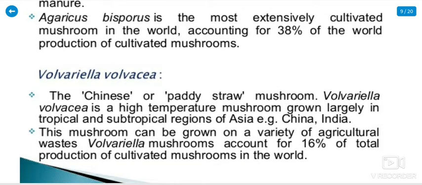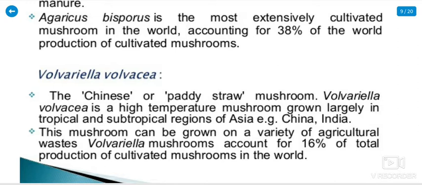Volvariella volvacea, the Chinese or paddy straw mushroom. Volvariella volvacea is a high temperature mushroom grown largely in tropical and subtropical regions of Asia, for example China and India.